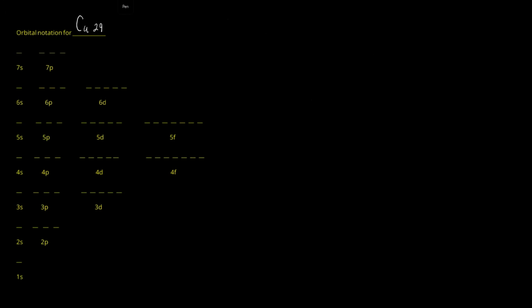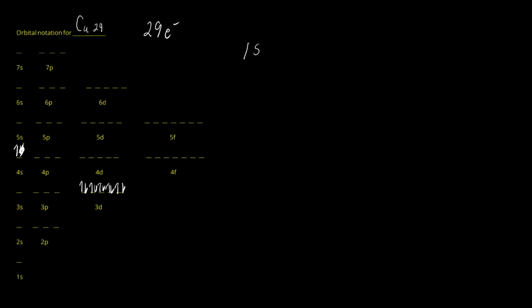The other very common exception will be for copper. So copper has 29 electrons. I'm not going to fill all this in this time. I'm just going to go up here to 4s. It has an up and a down. Then we go to 3d, which is an up, up, up, up, up, and then a down, a down, a down, and a down. So I'm missing one down electron because it has 9 electrons in the outer shell, and it wants 10. So again, it's going to borrow a 4s electron. So it's going to take this 4s electron and pull it down here.